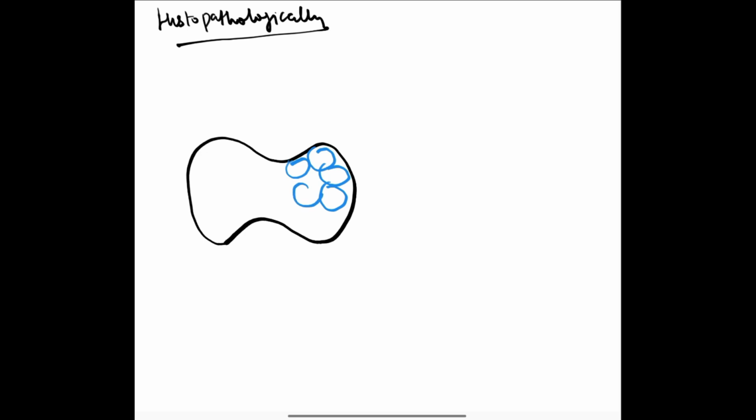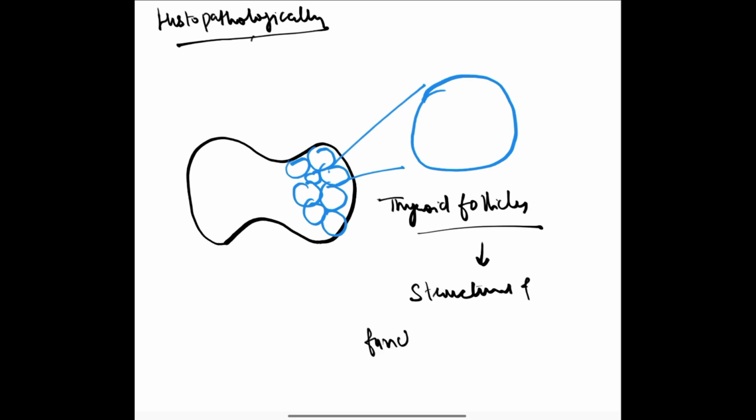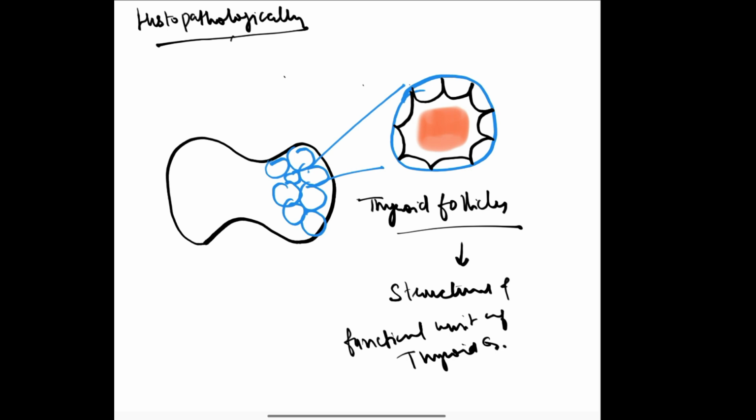Histologically, the thyroid gland consists of thyroid follicles. Suppose this is the thyroid gland, and it has small structures inside it. These we call the thyroid follicles. Thyroid follicles are the structural and functional unit of the thyroid gland. Each has a single layer of follicular cells surrounding a central lumen filled with colloid.